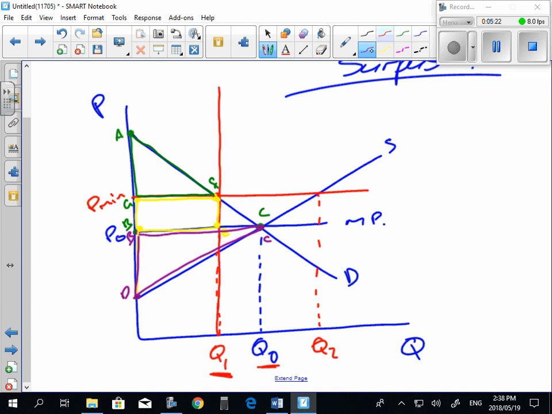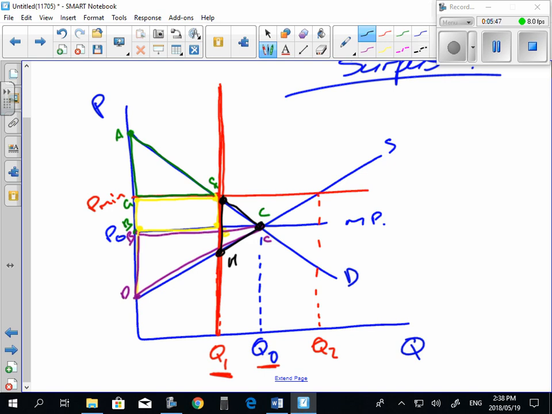But now because trade has been chopped off at this point over here at Q1, there has also been a loss to both producers and consumers. The loss is FHC. So that black triangle has been lost to both producers and consumers.